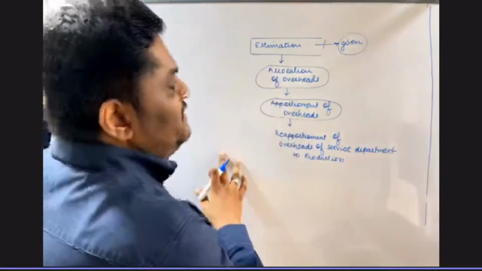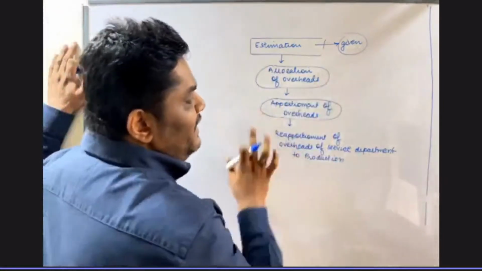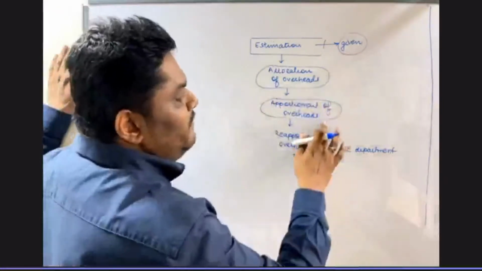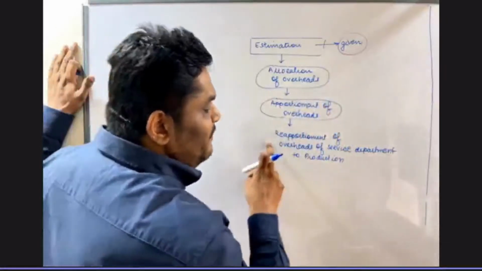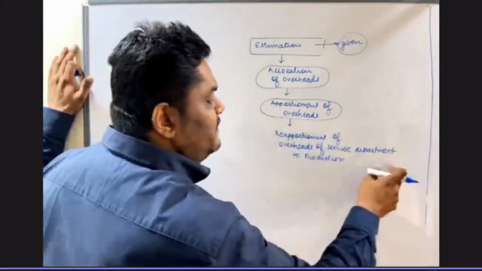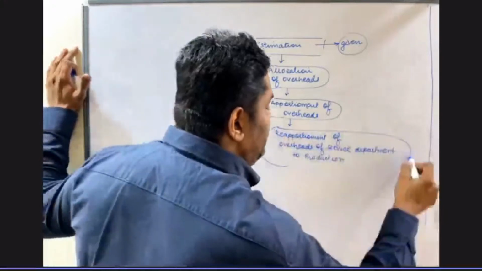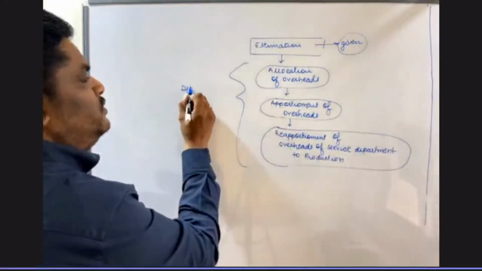So after estimation, the distribution process starts, wherein first we allocate the overhead. Thereafter, if allocation is not possible, we will apportion the overheads. And once the overheads are apportioned, we will reapportion the overheads of service department to the production department. So all these are three stages of distribution of overhead.